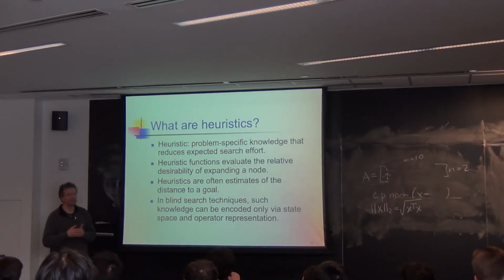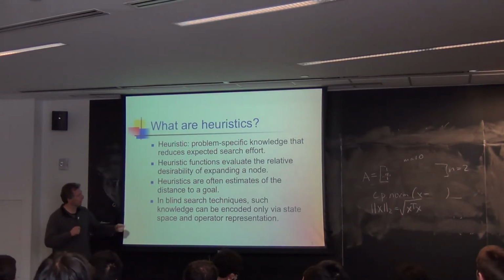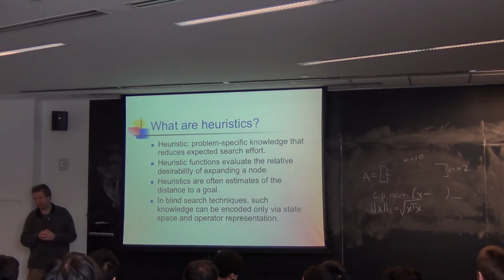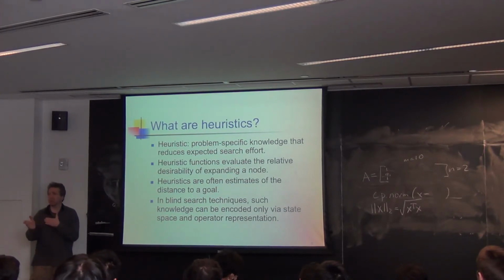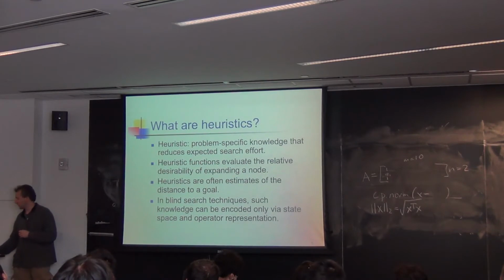So you're trying to do estimates about that, and the closer your estimates are, the more quickly you'll converge to a solution. Like I said, in the blind search techniques there weren't a lot of ways to inform your search, other than generating states because I know about the physical things. I can only move the space so many ways. So heuristics are going to guide which nodes and which trees we're going to expand.